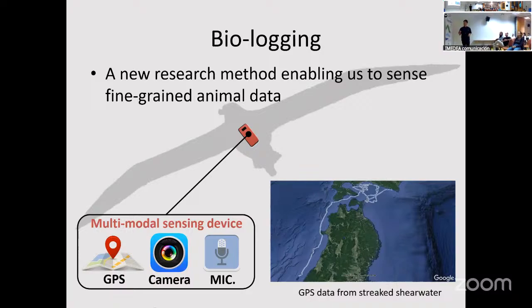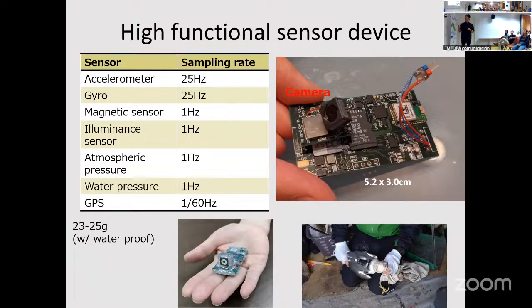Recently we can attach sensor devices with various sensor data modalities such as GPS, camera, microphone, and so on. And this is our device. Sorry, today I forgot to bring it, but it has various sensors such as acceleration, gyro, magnetic, water pressure, GPS. And it also has a camera and microphone.